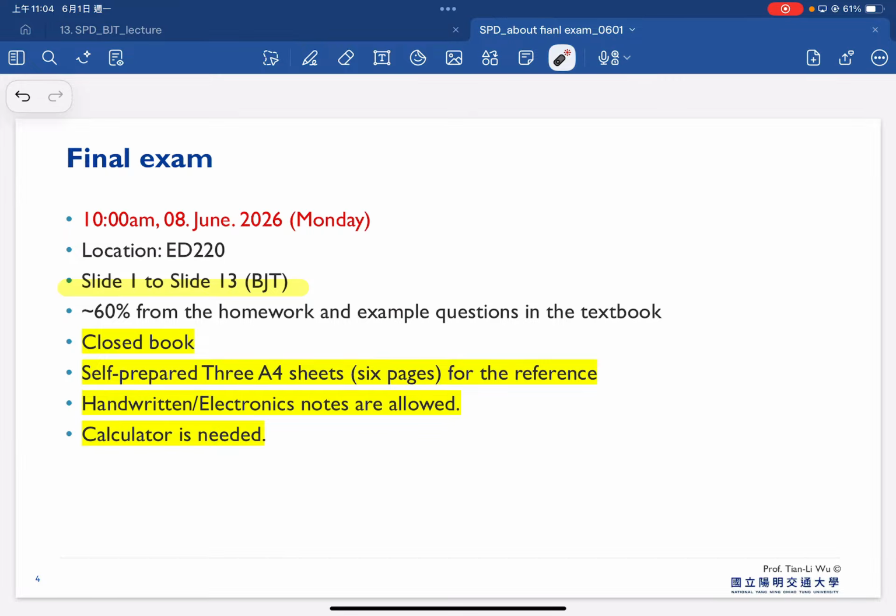You can print them out, but anyhow it's limited to 3 A4, which is 6 pages for reference. And the last thing you definitely need is a calculator, which is very important. Okay, so this is the information related to the final exam.